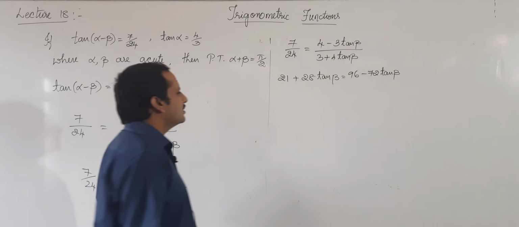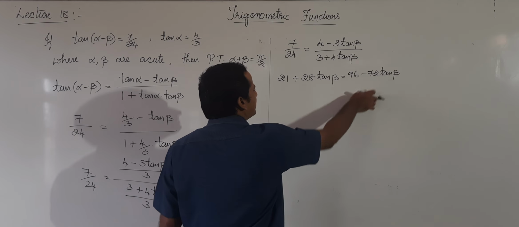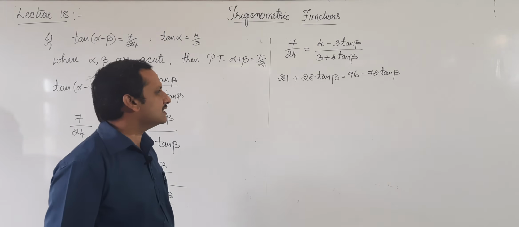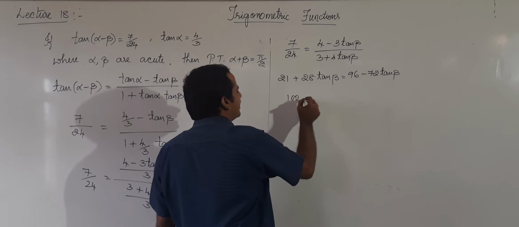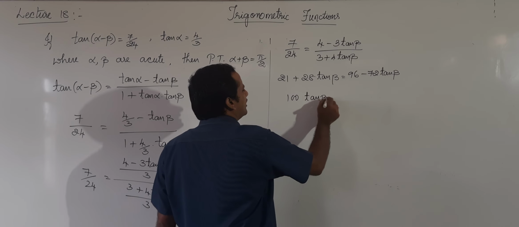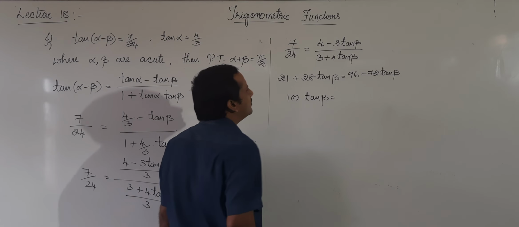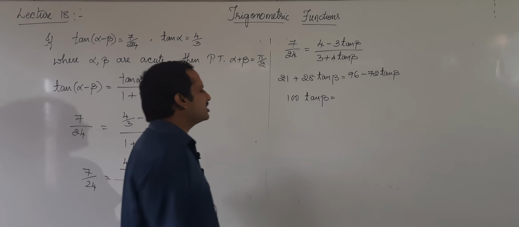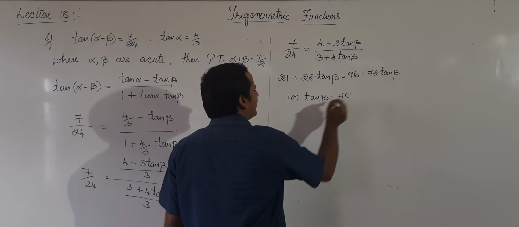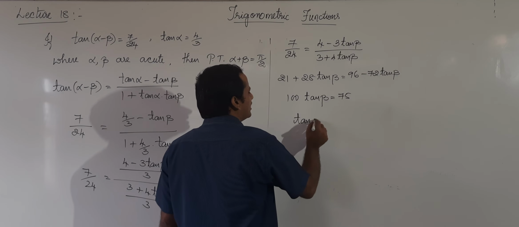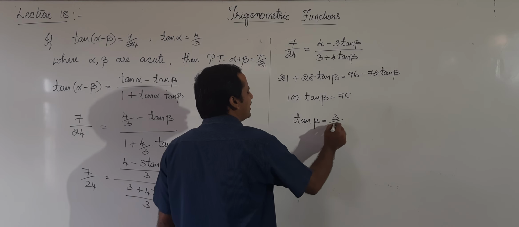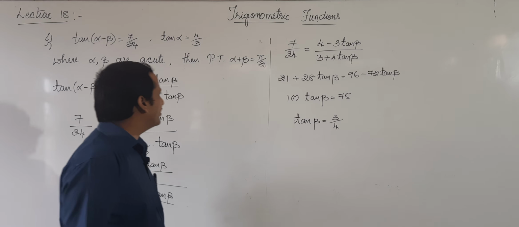Okay. So, take this 21 to RHS, bring that 72 tan beta to LHS. So, we get 100 tan beta is equal to, what do we get? 96 minus 21, which is 75. So, tan beta is equal to 75 by 100, that is equal to 3 by 4.